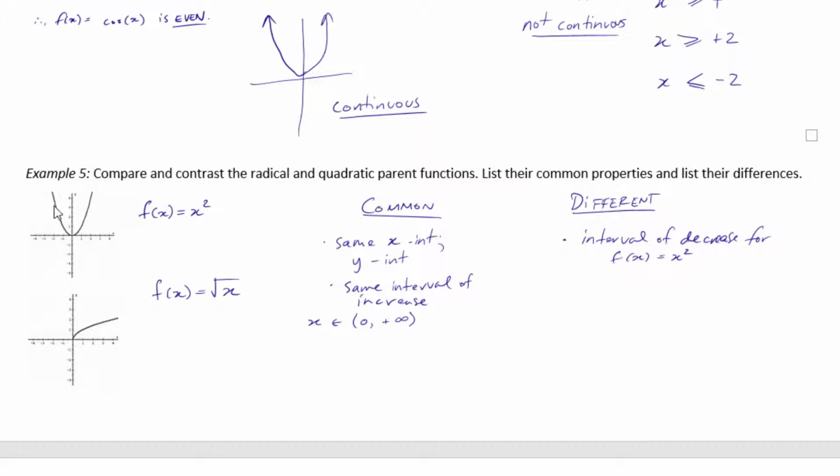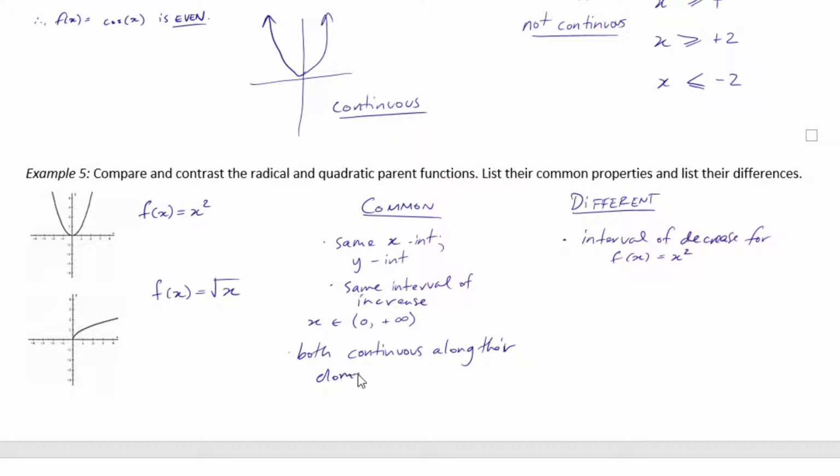They are both continuous functions along their domain. So the domain for this is from 0 to infinity. It's continuous. And this is also continuous along its entire domain. So they are both continuous along their domain.